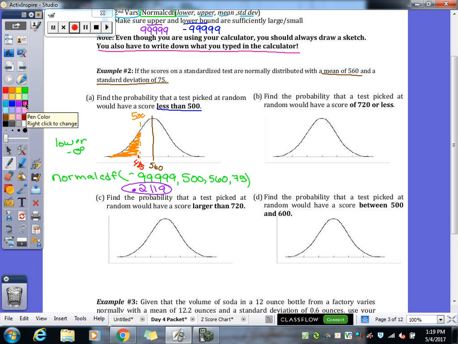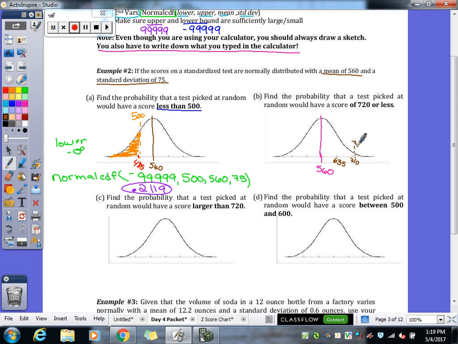All right, let's try the next one. Find the probability that a test picked at random would have a score less than 720. So again, I'm going to put my mean on there, 560. 720 is larger than that, so let's start adding our standard deviations. 560 plus 75, and then plus another 75, 710.